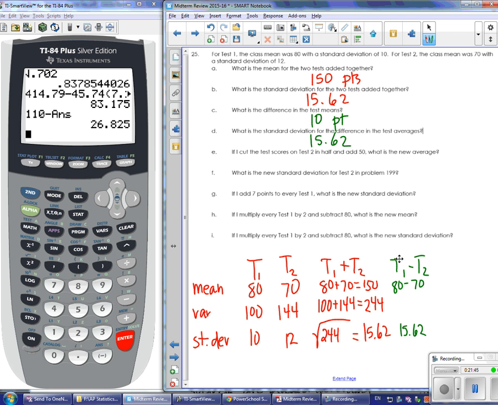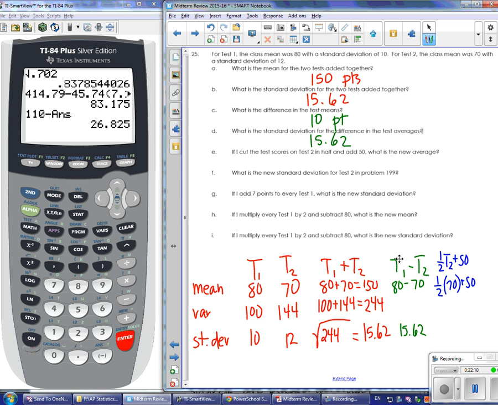Okay. In letter E, it says, if I cut the test scores on test 2 in half and add 50, what's the new average? So we're looking for half of test 2 plus 50. All right, so the mean, again, is just going to be straight up 1/2 times the mean of test 2, which was 70, plus 50.